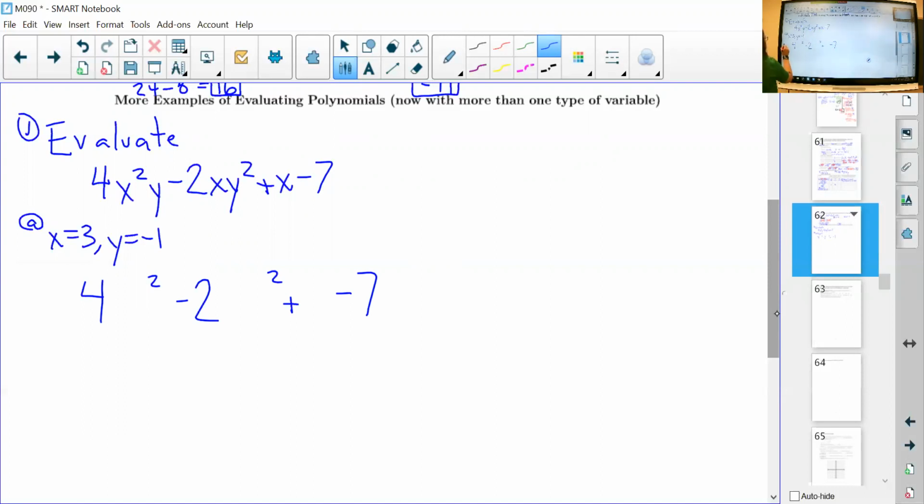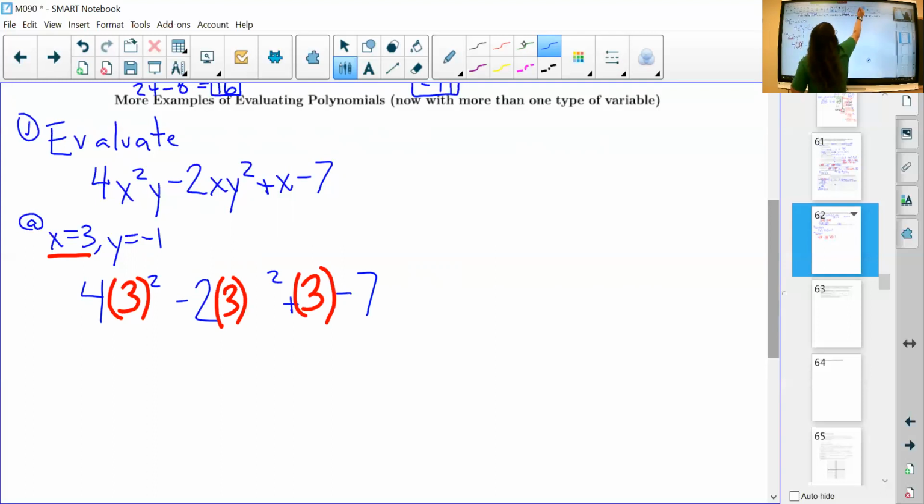Now my x is 3, so I'll plug in 3 here for the x, plug in 3 here for the x, plug in 3 here for the x, and then for my y, I plug that in here, so times negative 1, times negative 1, and that's it.